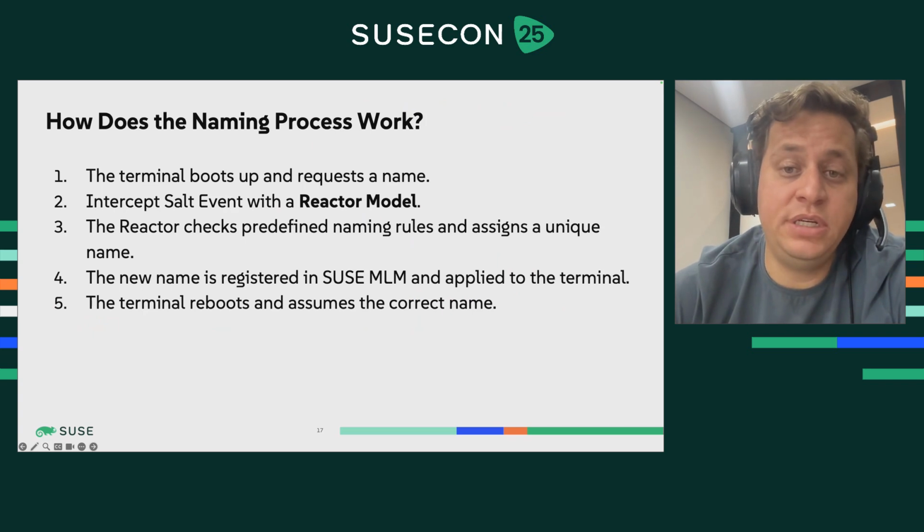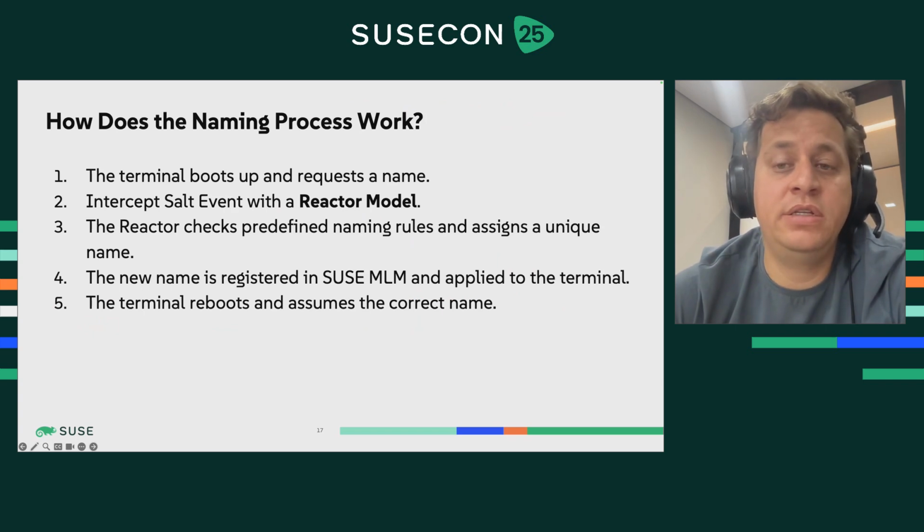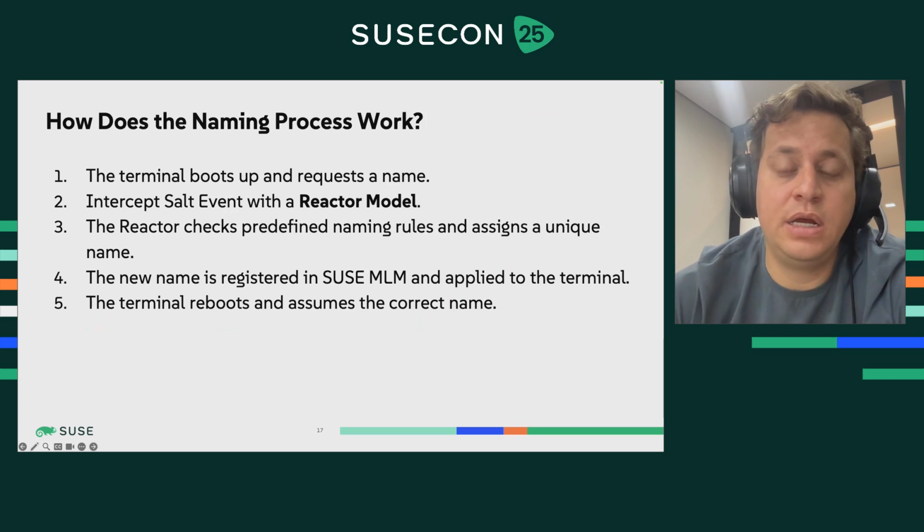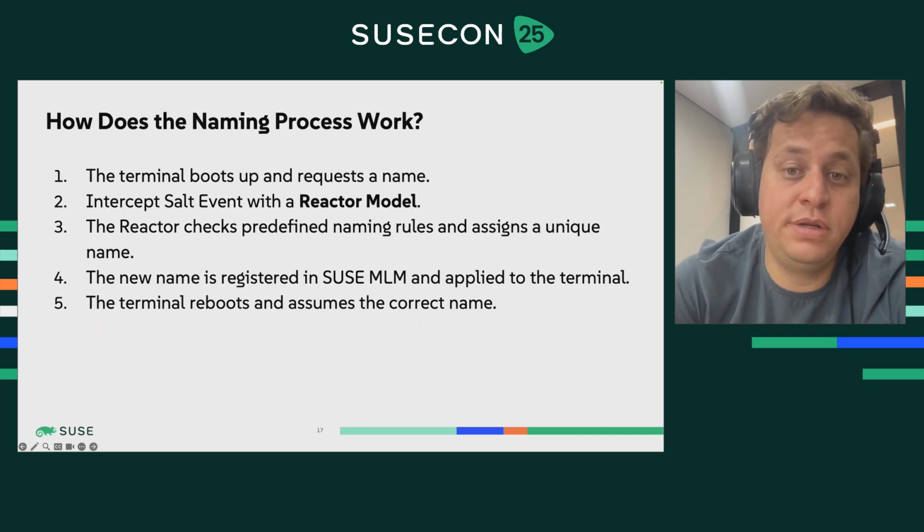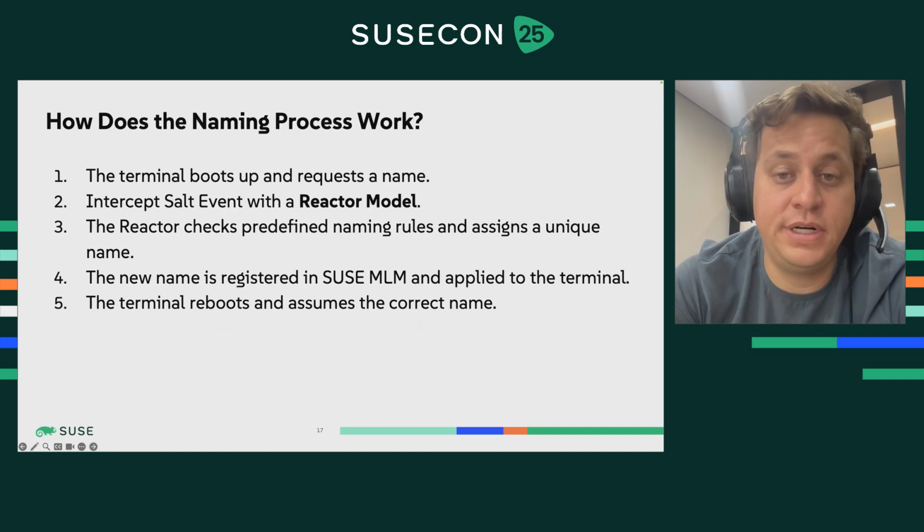We specifically intercept the hardware profile event, and the reactor fires automation on the automation server, and then the automation server consults the formula data for the branch of this new terminal, and then this automation can reserve a new name for the terminal.